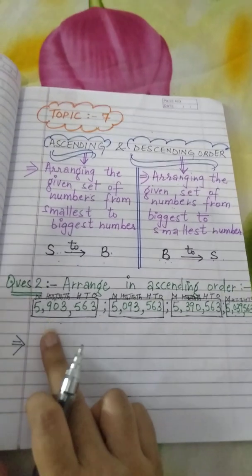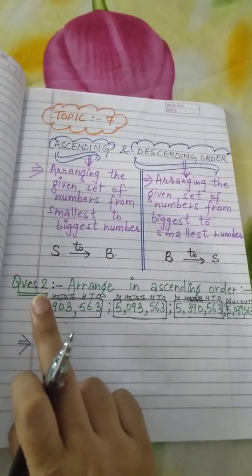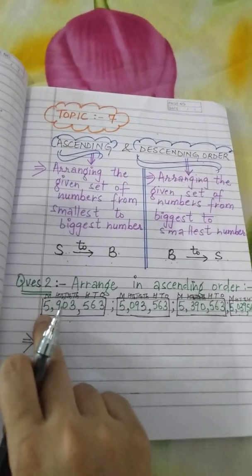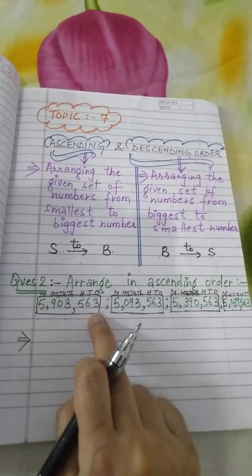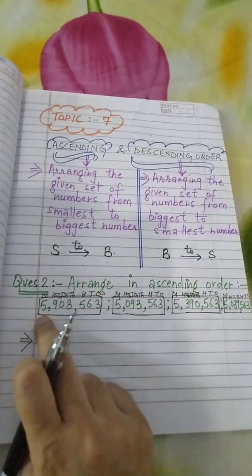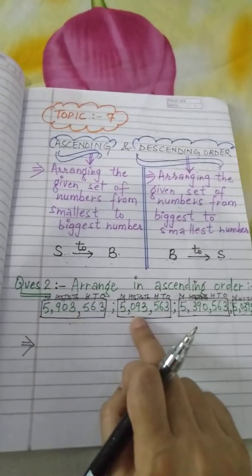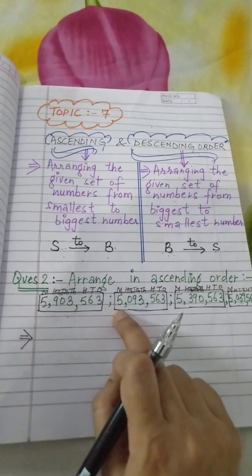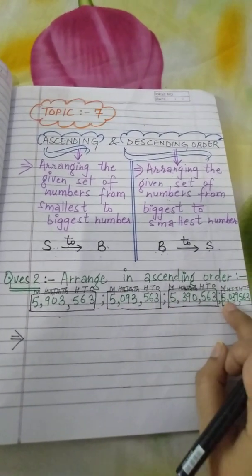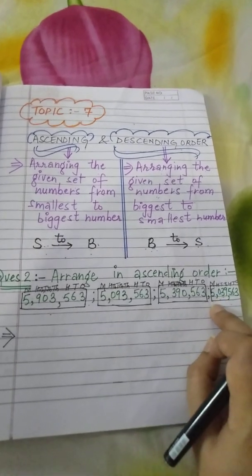Now just look at the first period, that is here, million. In the first number, the digit at the million place is 5. In the second number also 5, in the third number 5, and in the fourth number also 5.